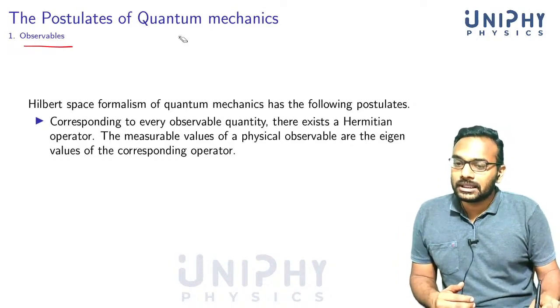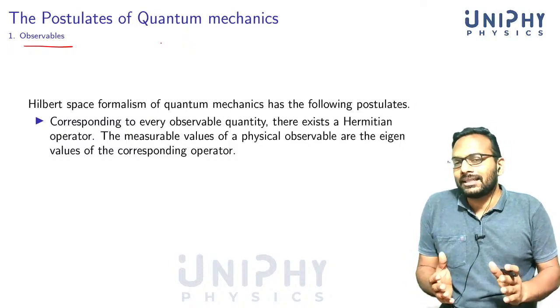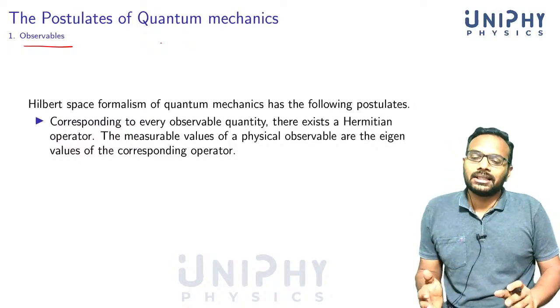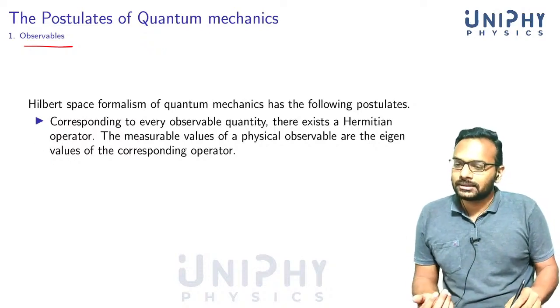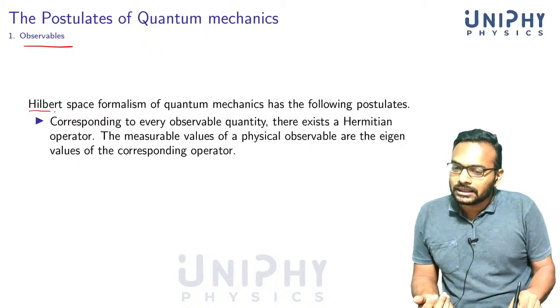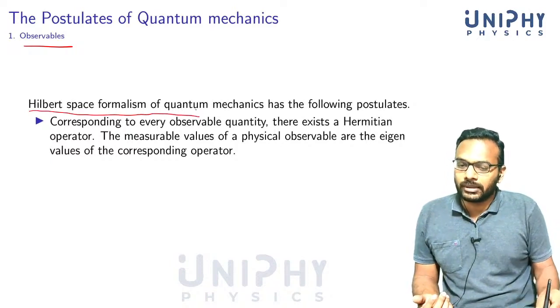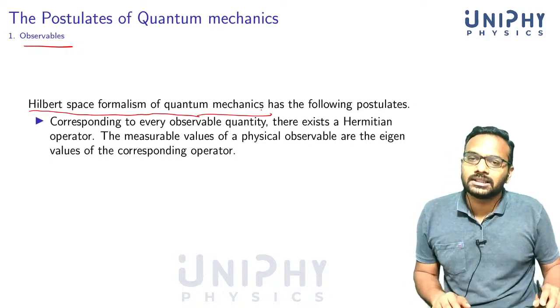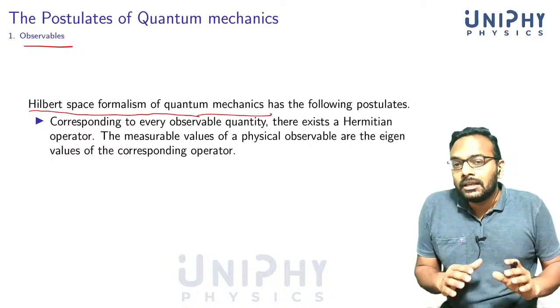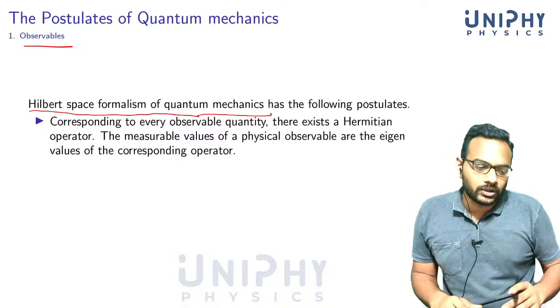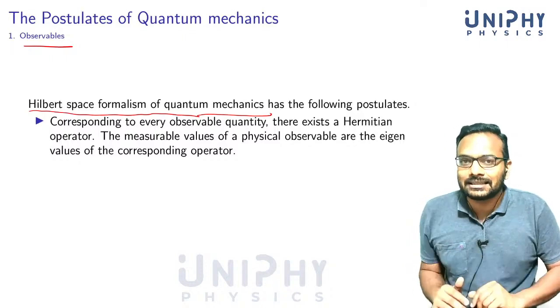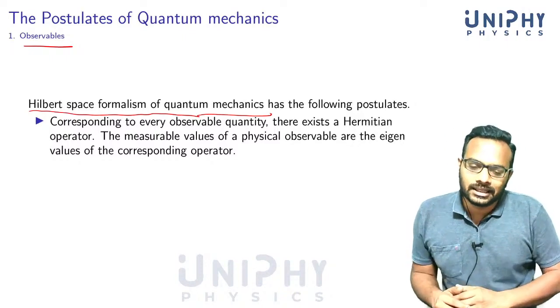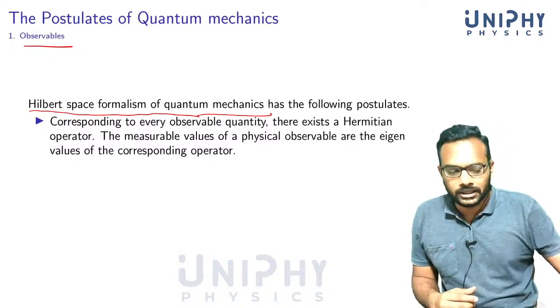The postulates of quantum mechanics, again, you may not get the same set of postulates when you take all textbooks. There are different formulations of quantum mechanics. What we have been discussing is known as the Hilbert space formalism of quantum mechanics. Even the Hilbert space formalism doesn't have a specified set of postulates in exactly the same manner. Different books express it in different ways.